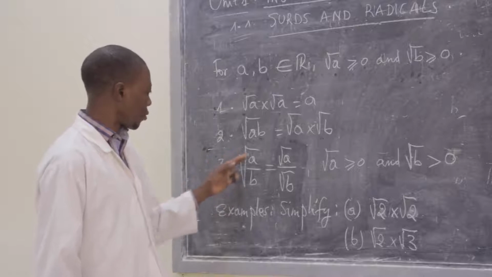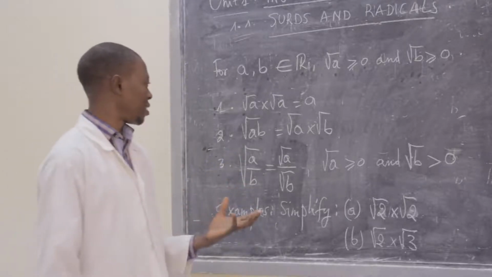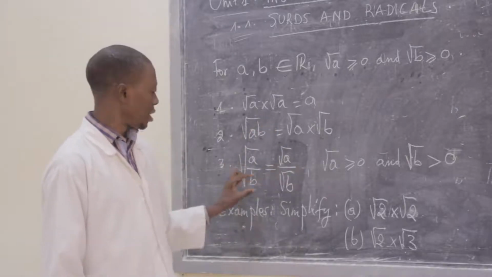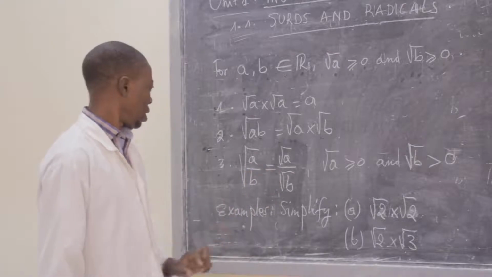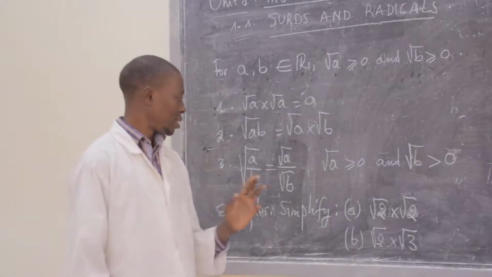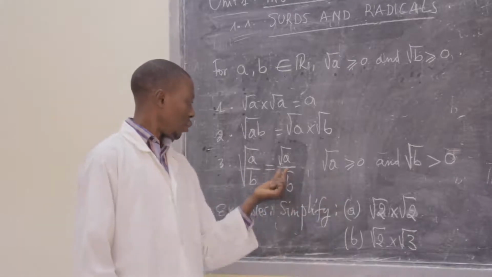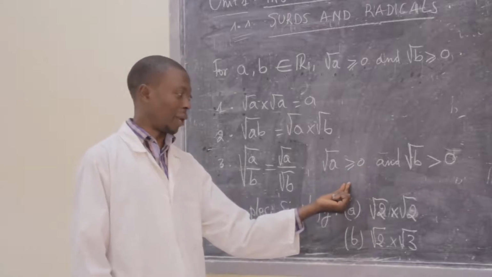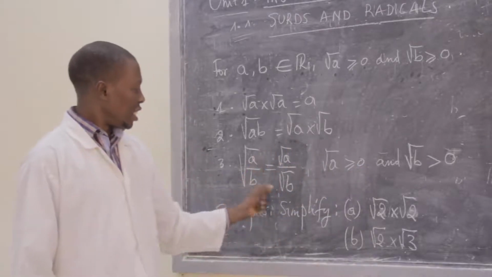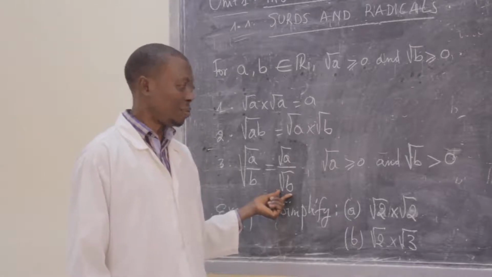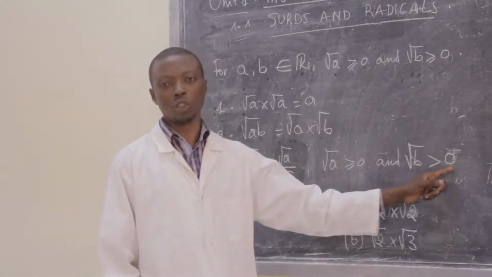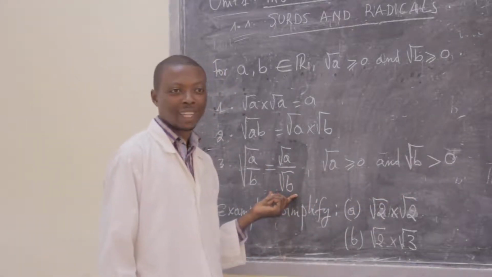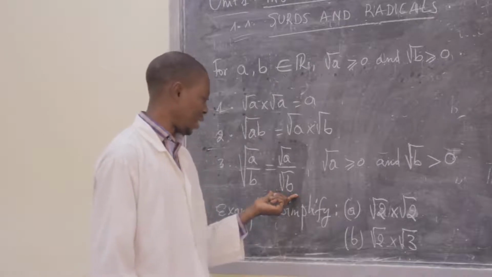Once you have the square root of A over B, you can do the same as taking the square root of A and dividing it by the square root of B. But please pay attention: the numerator, the square root of A, can be 0 or a positive number, but the denominator, the square root of B, must always be greater than 0. Why? Because a fraction with denominator 0 is not possible.